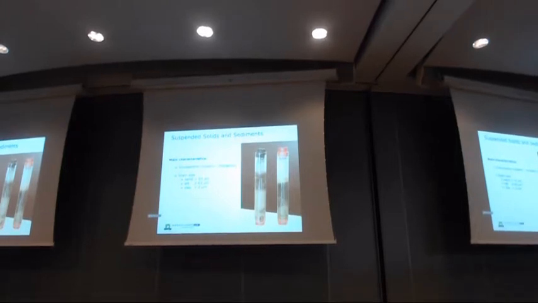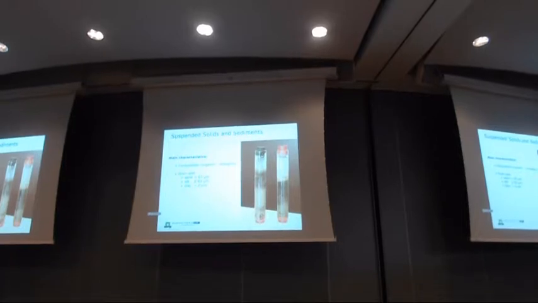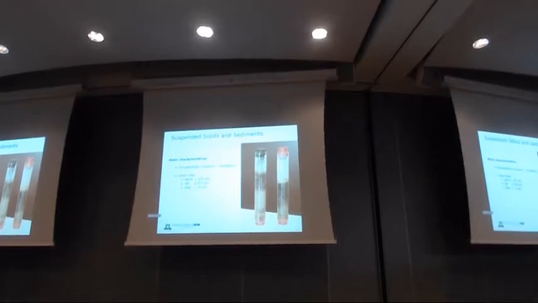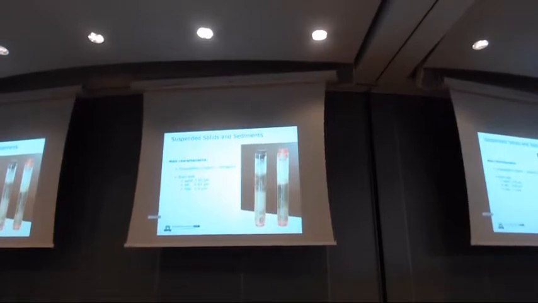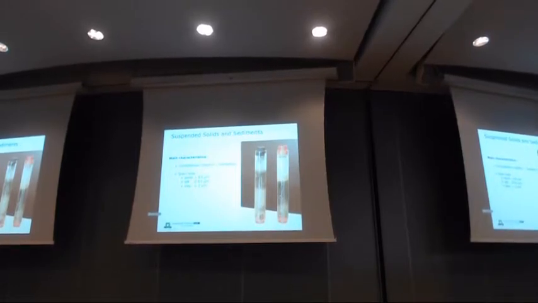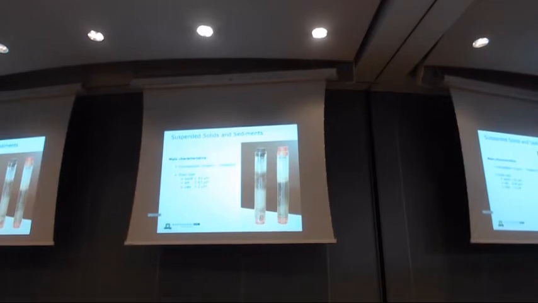To make it a bit simple, we can distinguish and characterize sediments on the basis of the amount of organic and inorganic material. And one of the methods to measure that is the loss on ignition, where you just dry the sediment and then you burn all the organic material at over 500 degrees, and what is lost is the organic part, the loss due to this ignition, so you can distinguish between the organic and inorganic part.